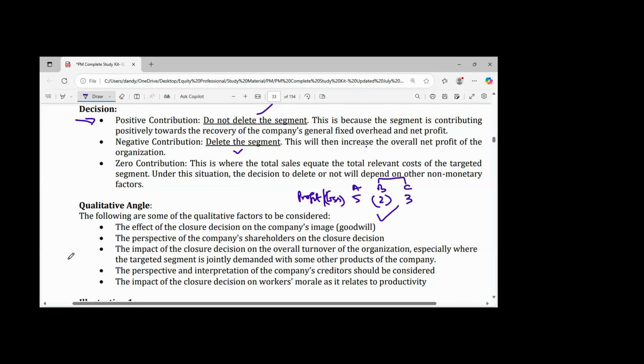Negativity in the form of litigation and also unionism. Because when you want to delete a particular segment or a particular product line, the workers may stand against it. They may say, no, this cannot happen, especially for an organization where unionism is allowed, because the union may rise up against the company, and that may prove difficult for the company.